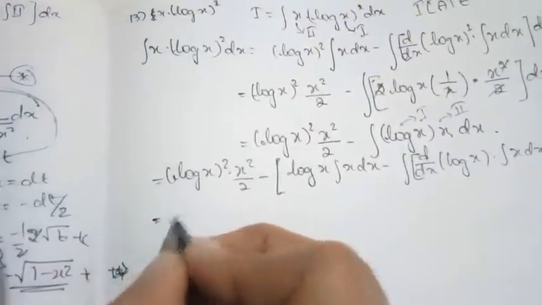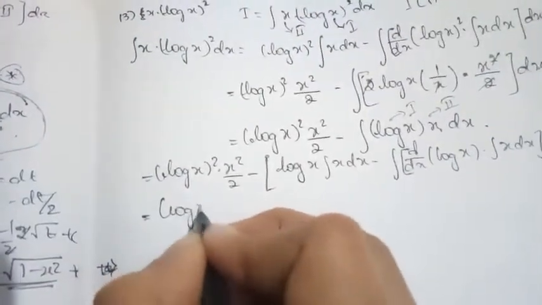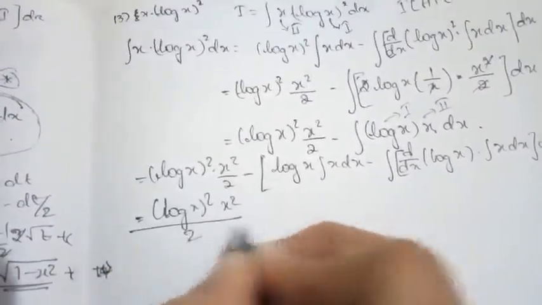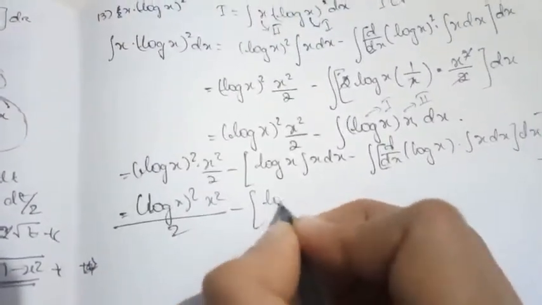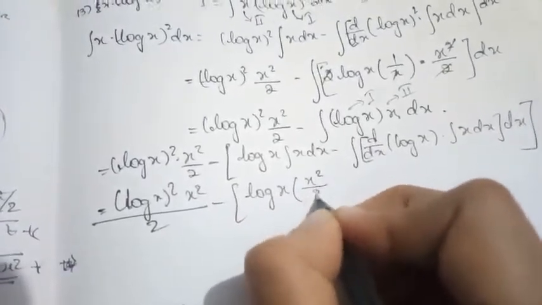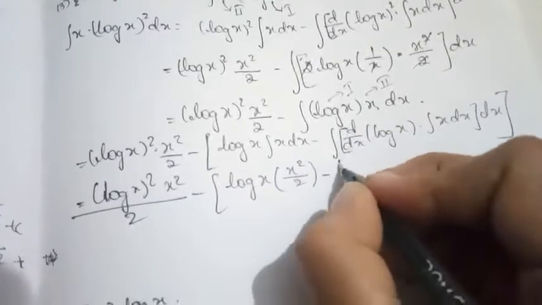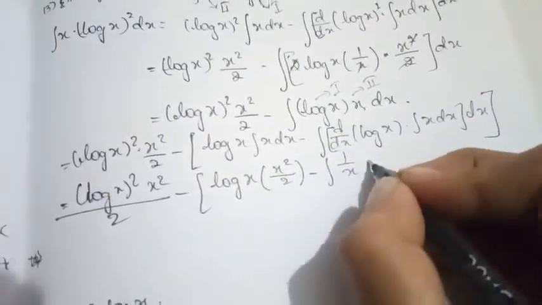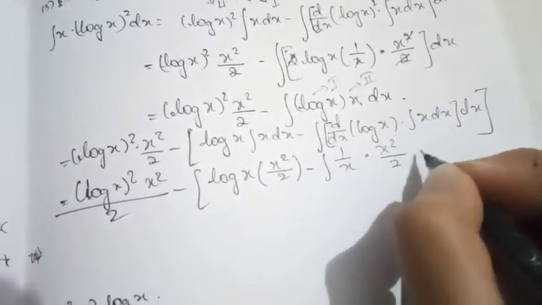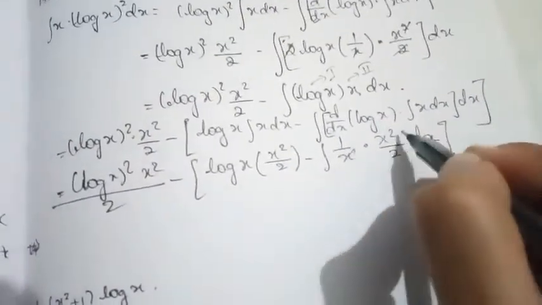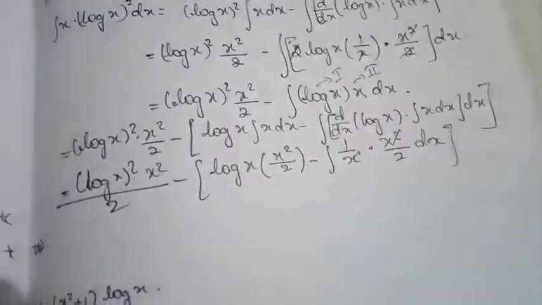Now what happens here? Log x whole square into x square by 2 minus log x, integration of x with respect to x is x square by 2, minus integration of the differentiation of log x, which is 1 by x, into x square by 2 into dx. Now what happens here? One x gets cancelled, remaining is 1 by 2.